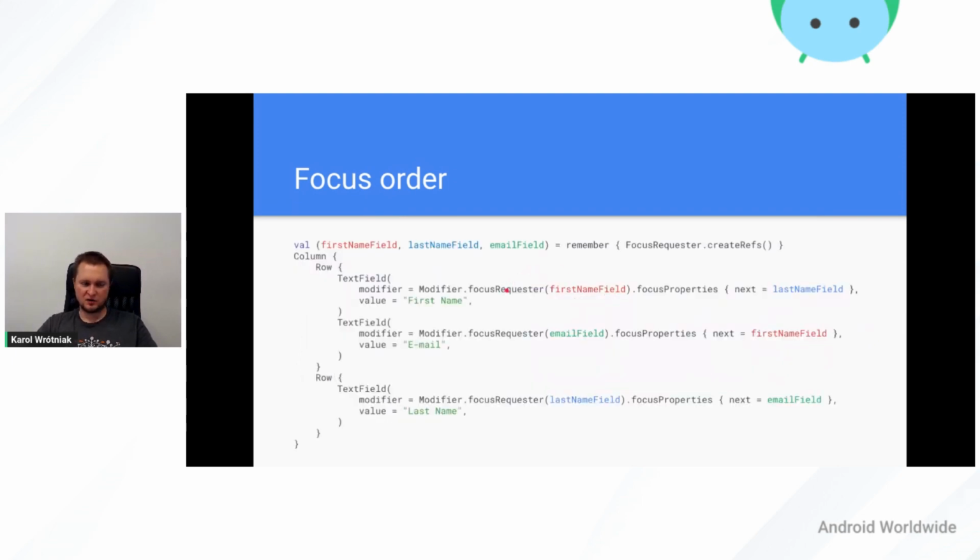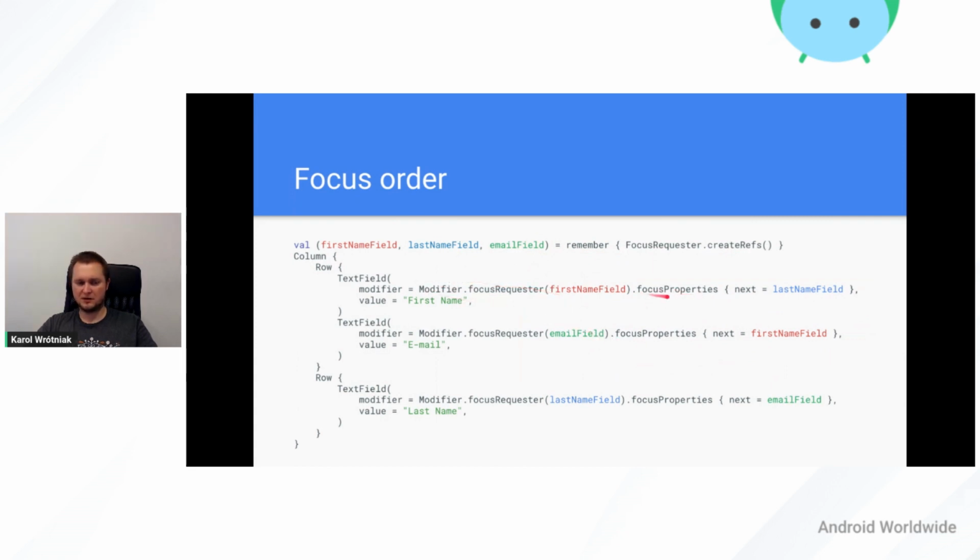We have two modifiers for that, focus requester and focus properties. You can create as many requesters as you need using the createRefs method, and you can use this handy destructuring declaration for that. Next, assign each focus requester using the focus requester modifier to its field.